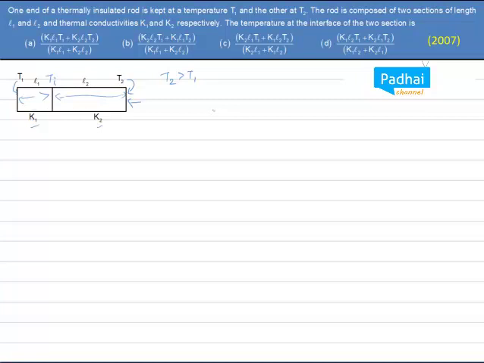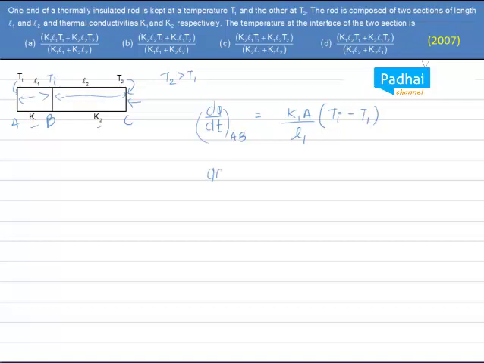So that means dq by dt, let us mark this A, B and C. For section AB it will be equal to K1 into A divided by L1 into delta T, where delta T is Ti minus T1.